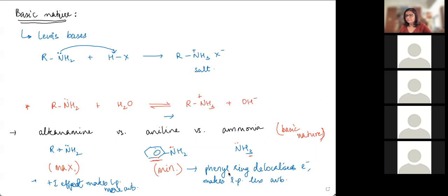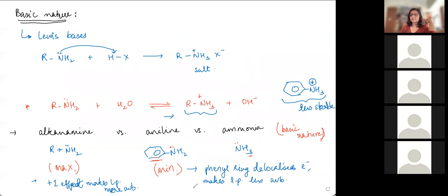Also, another reason is that when you look at the conjugate base with aniline, the conjugate base is this particular species, which forms something like this. This particular species has a lesser number of resonating structures than aniline. So this is less stable because the number of resonating structures is less.